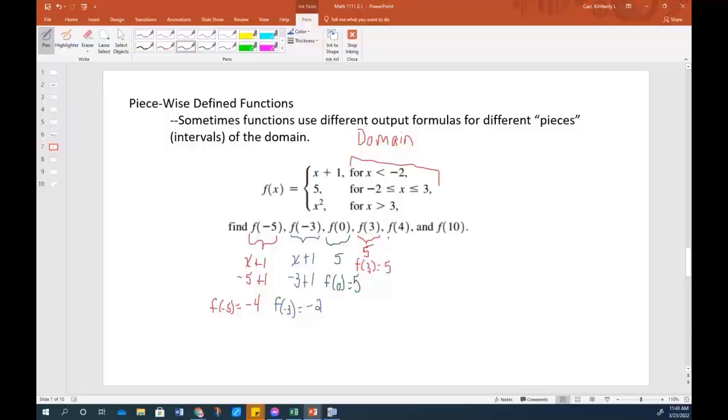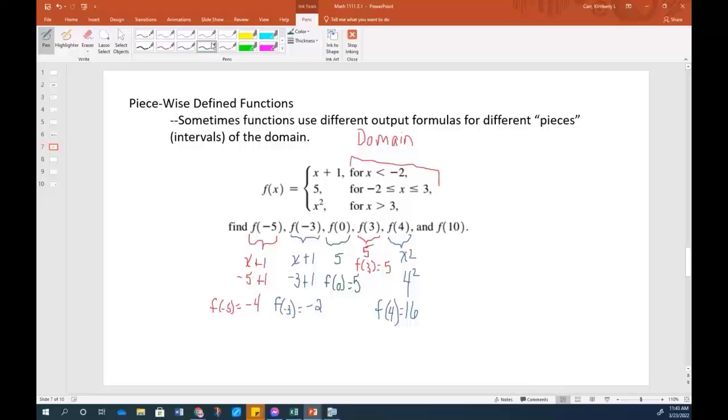All right, f of 4. 4 is bigger than 3, so the work I need to do is x squared, which means I need to do 4 squared, and I get 16. f of 4 is 16.